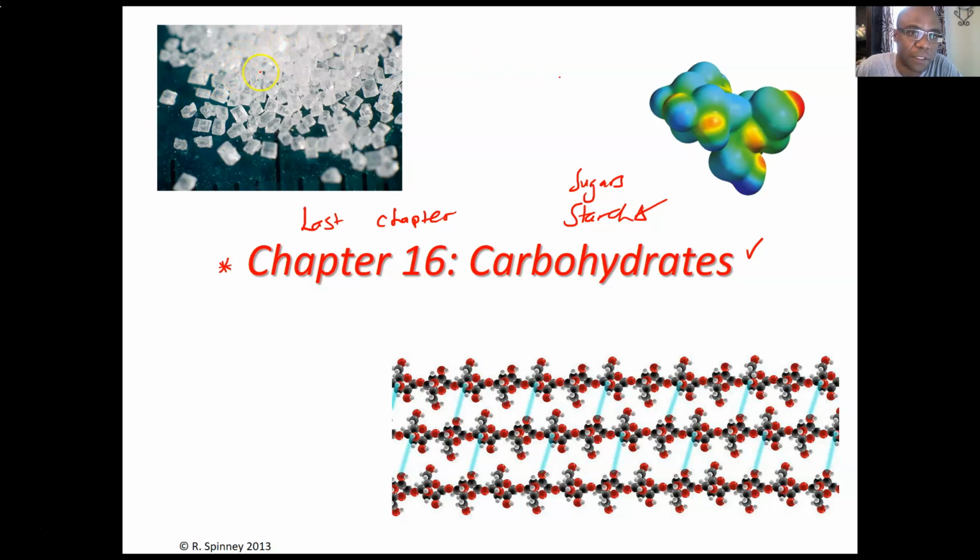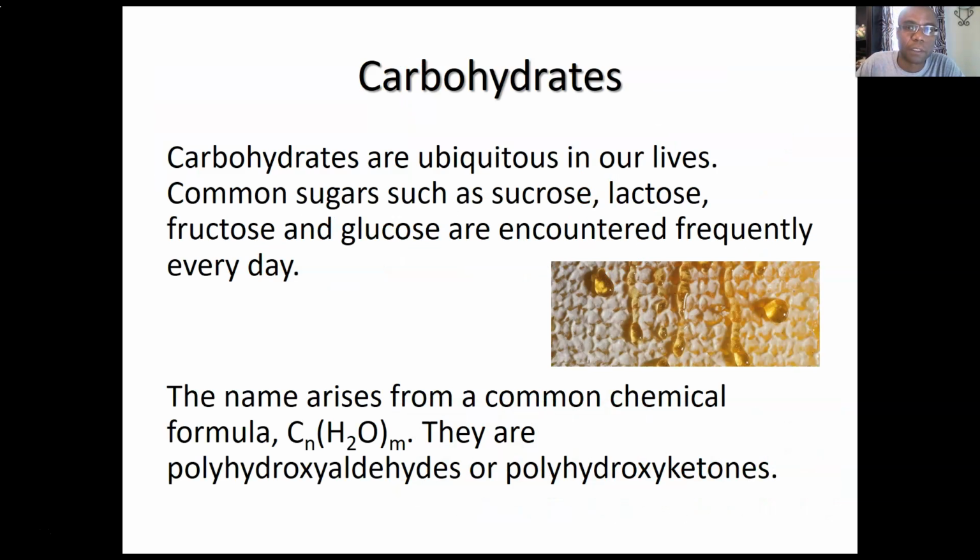What you see here, I think these are sugar crystals. Those are sugar crystals, which contain disaccharides. They are very common in our lives. Common sugars such as sucrose, lactose, fructose, and glucose are in your daily lives.